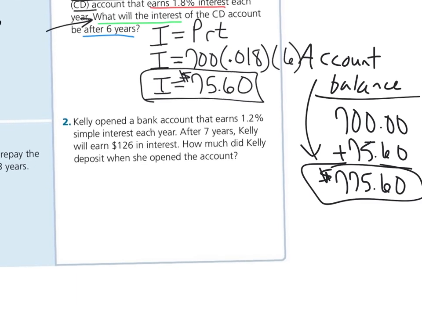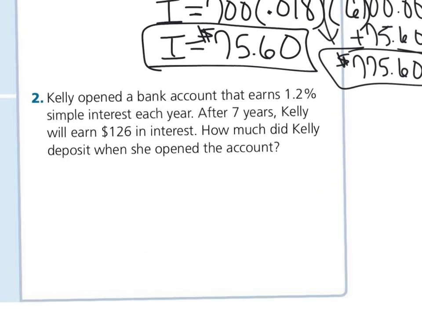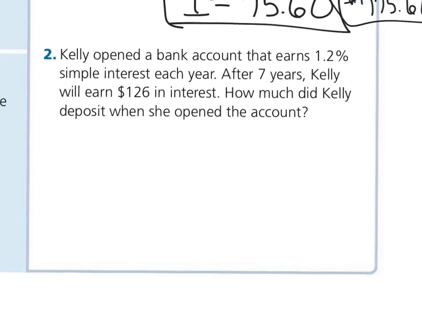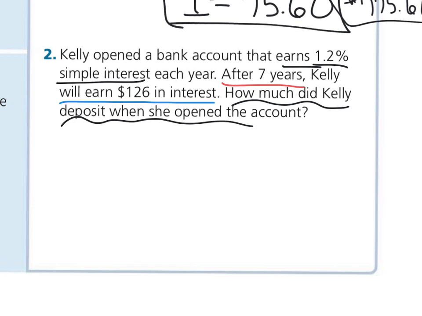So look at number 2. Kelly opened a bank account that earns 1.2% interest. After 7 years, she will earn $126 in interest. And the question is, how much did Kelly deposit when she opened the account? So I'm going to start with my formula.